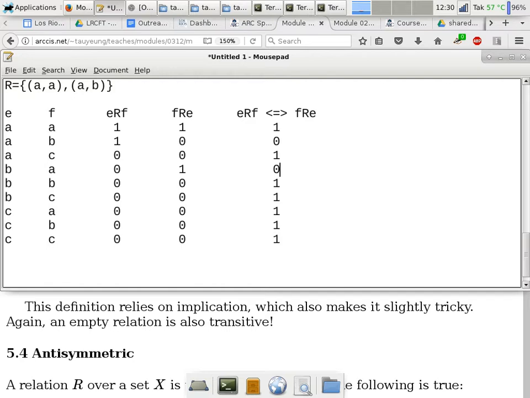If you have a list, and you see the relation of one, but then you don't see the counterpart. That's correct. If that is missing, that will make it not symmetric.